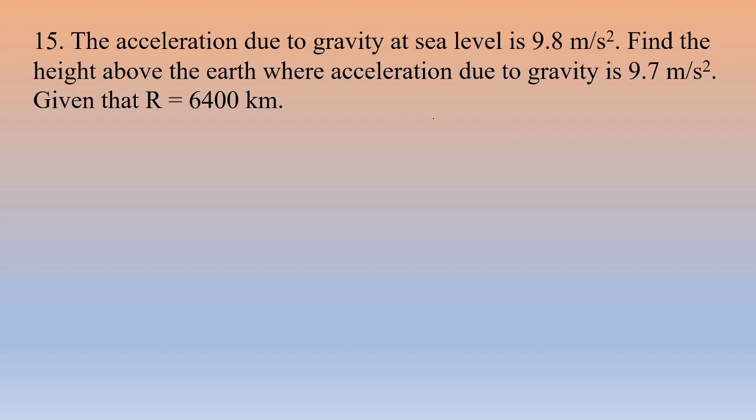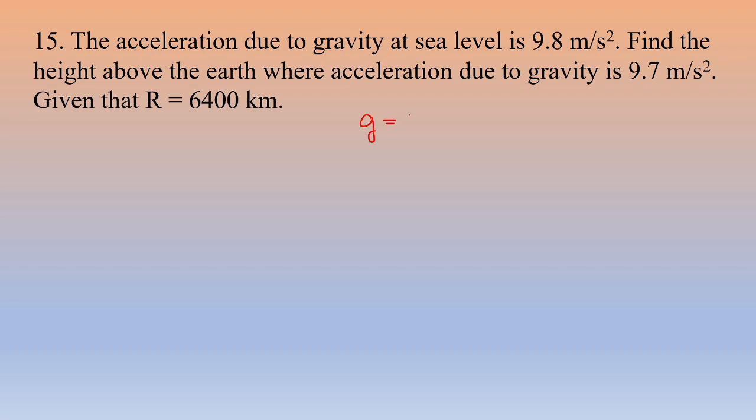Here it is the variation of g with the height, and we are given the value of g at the surface and also at a given height, and we have to find at which height this acceleration due to gravity is 9.7 meter per second square.